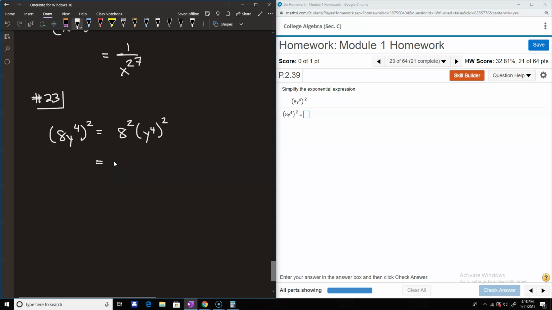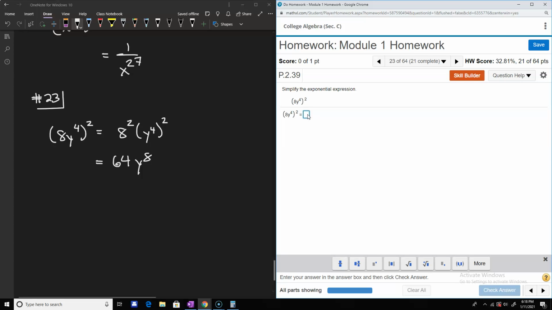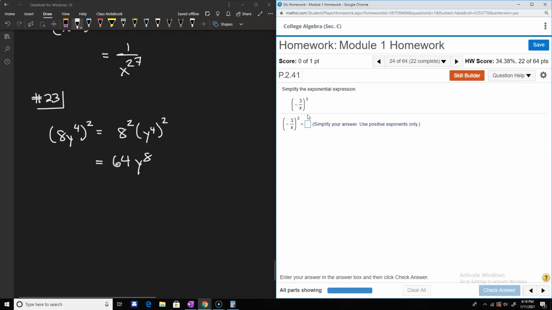So 8 squared is 64, and then the second part, y to the 4th squared, that's property number 3 from the exponent rules we did above where we multiply. So 4 times 2 makes this y to the 8th. So this is going to be 64 times y to the 8th. There we have it.